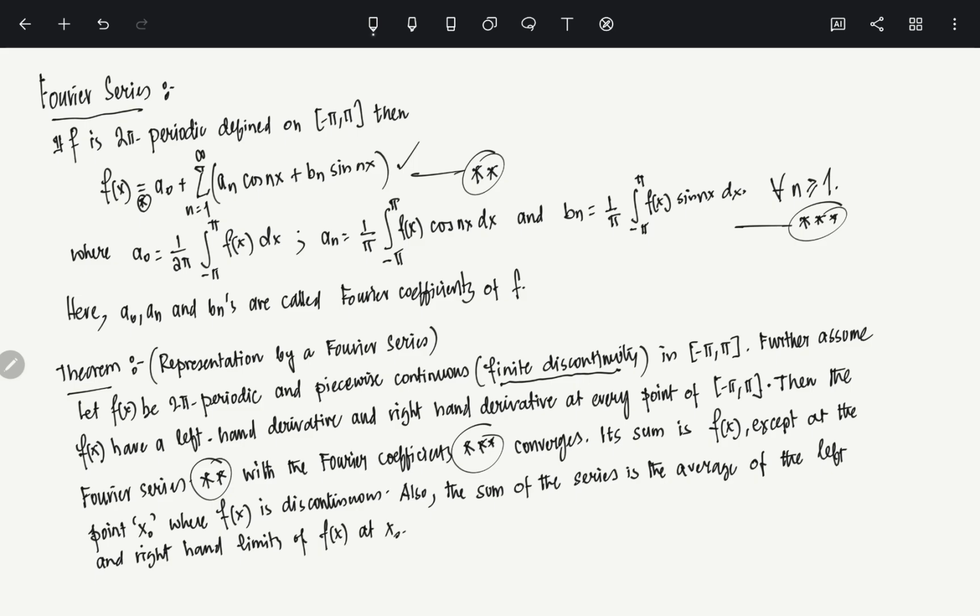So basically, if x naught is a point of continuity, the sum is f of x naught. If it is not, then take the left and the right hand limits, add them up and divide by 2, and that will be your sum. Clear? So that is basically the representation of Fourier series. When it converges, that is the sum. These are the assumptions under which this happens. With this, I am going to end this video.